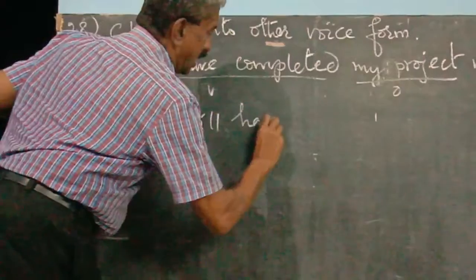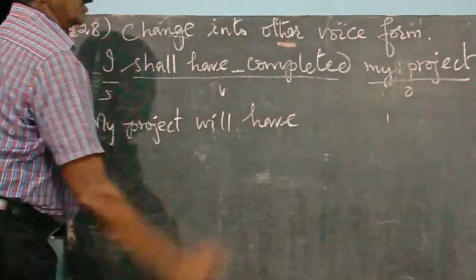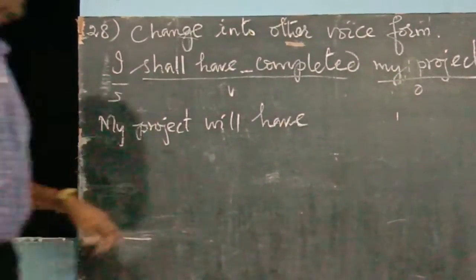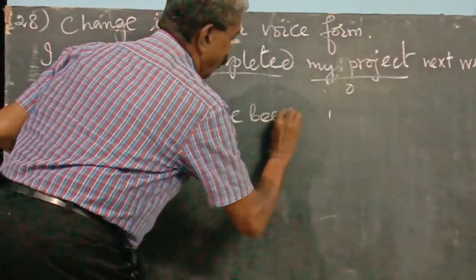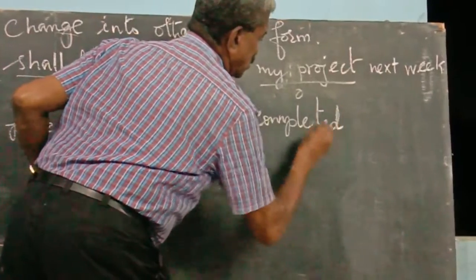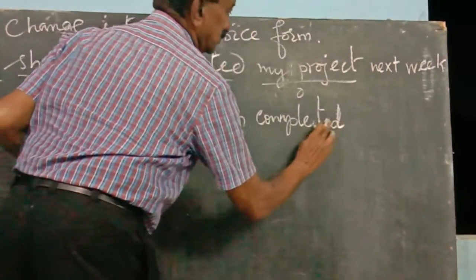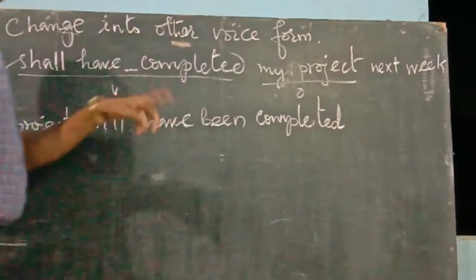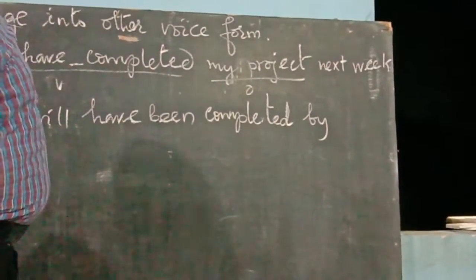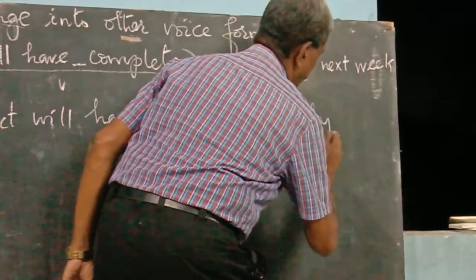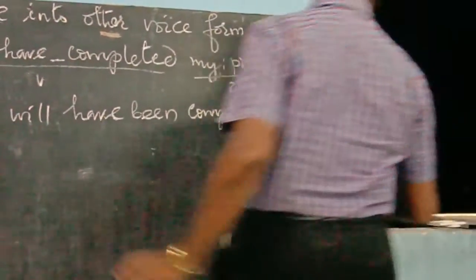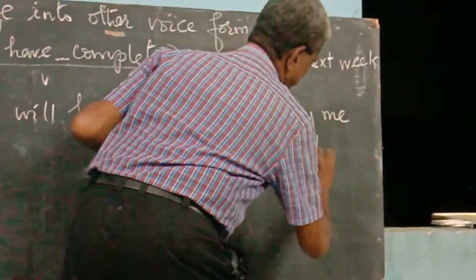Will have, what word has to be added to make the passive form? Been. Will have been completed. Now, after completed, we have to add one more word, by. By, I will become what? Me. By me. Next week will be the same. Next week.